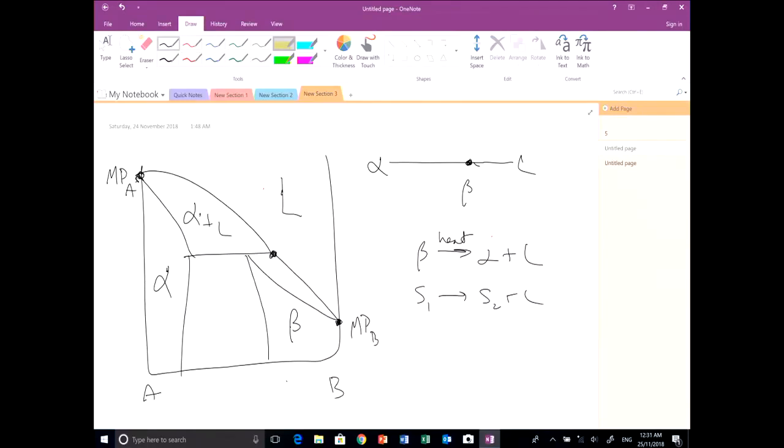What she did is she broadened the concept of the question to beta, but my question was specifically about B. And she says B is congruently melting, and that's correct, because B is the end member, a unique composition, and by definition it must be congruently melting because it's on the edge of the diagram. Now to the point, is beta congruently melting or incongruently melting?